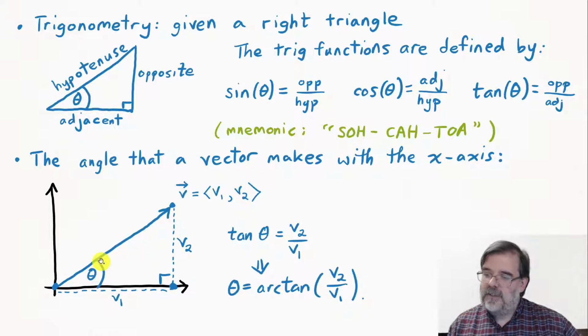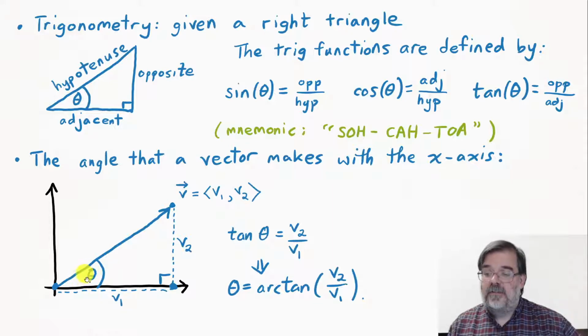And we want to find this angle here. This is the angle between the vector and the x-axis. The known information is the opposite side and the adjacent side, which means it's easiest to use the tangent to figure out this angle.